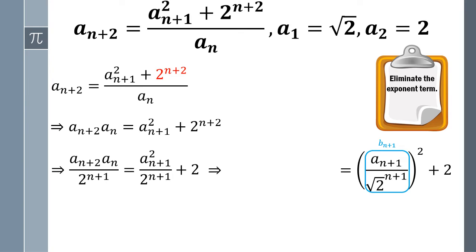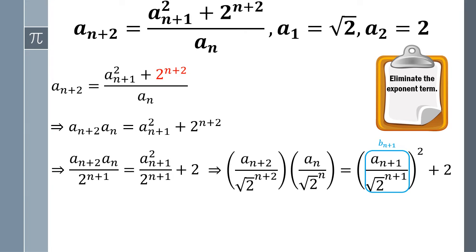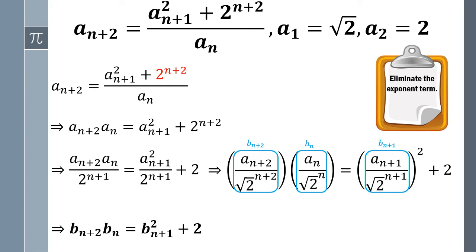On the left side of the equation, I'm going to do a similar change by separating 2 to the power of n+1 into two parts. Then we can find the left side is actually equal to b_n times b_{n+2}. Then the entire expression can be written as b_{n+2} times b_n equals b_{n+1} squared plus 2.